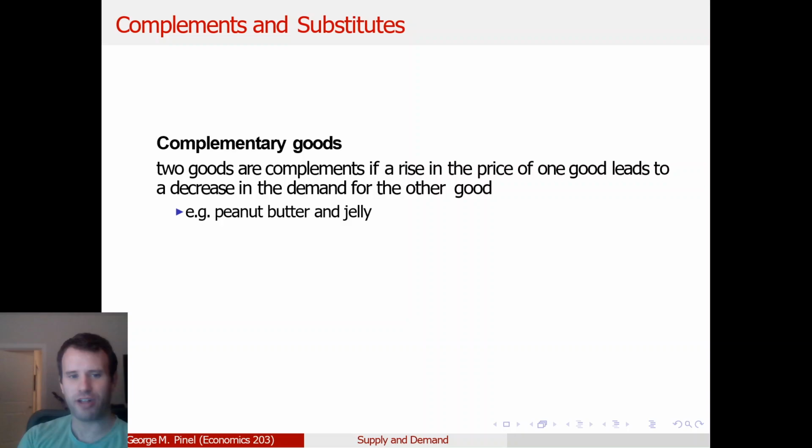What about substitute goods? They're the exact opposite. Substitute goods would be VCRs and DVDs back in the day, or MacBooks and Intel computers, or Androids and iPhones, or PlayStation 5s and the Nintendo Switch. They're all substitute goods.